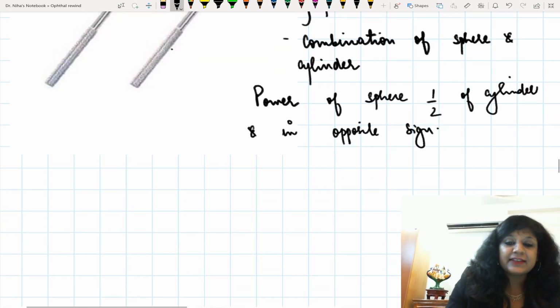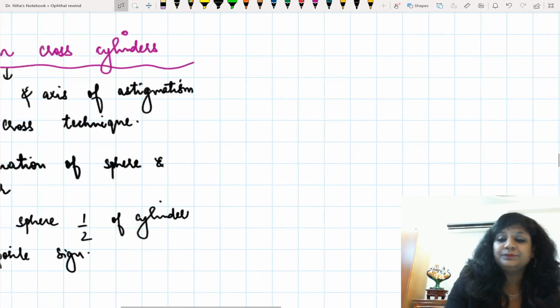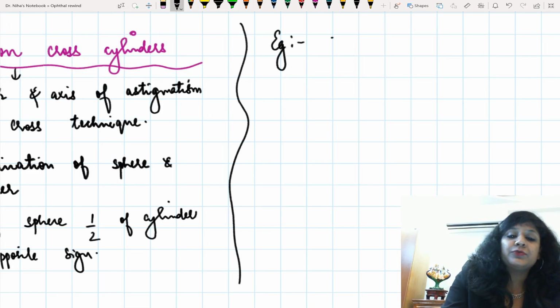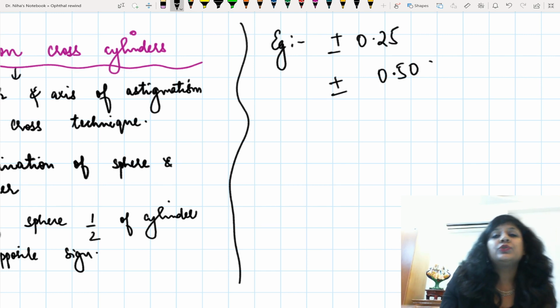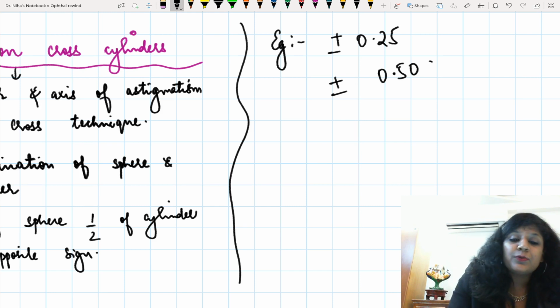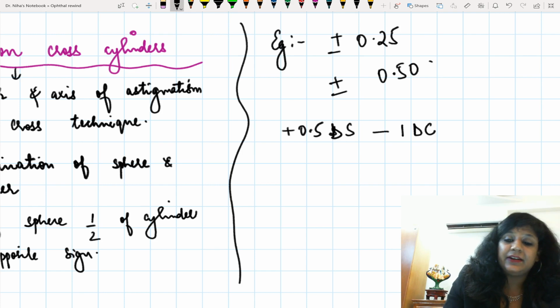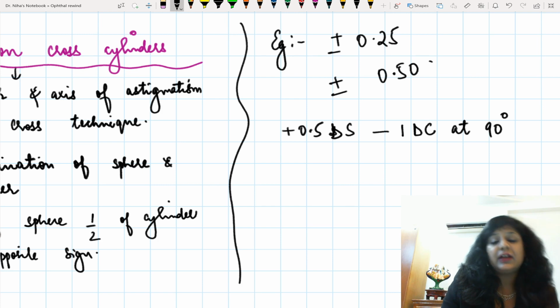For example, mostly we are using plus and minus 0.25, or plus minus 0.50. So how are we able to make them? Suppose I am using a plus 0.5 dioptric sphere, then I will use a minus 1 diopter cylinder at 90 degrees. So how will this act?